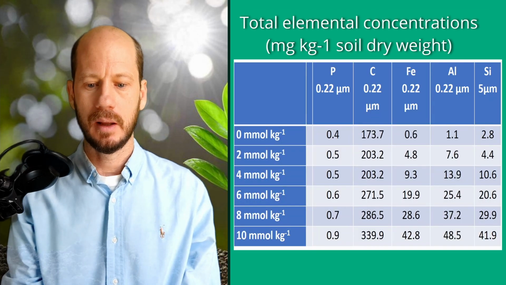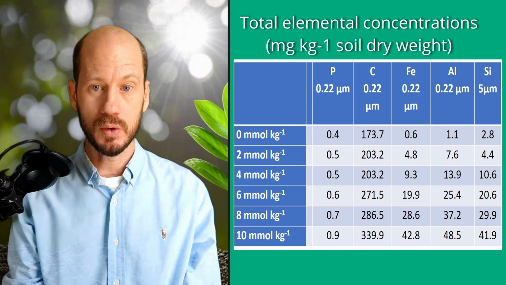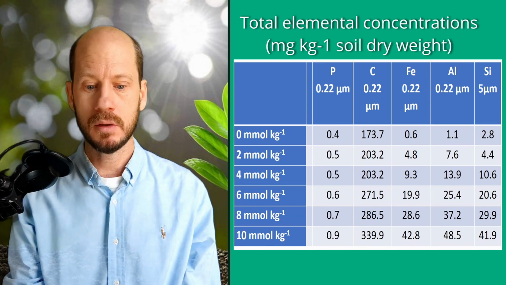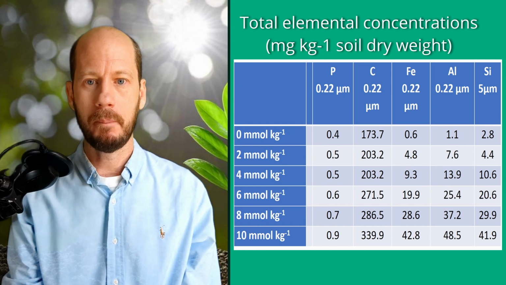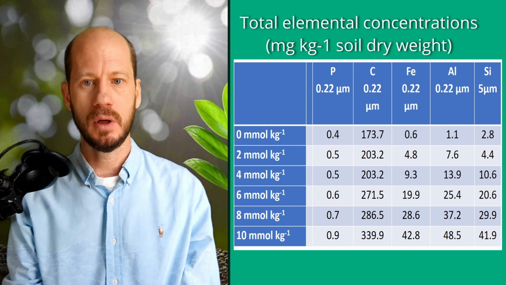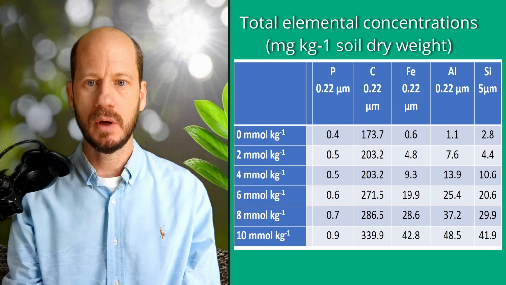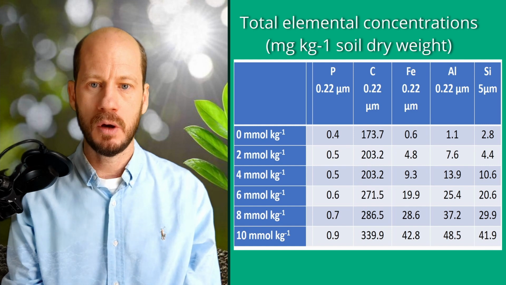We also measured the total concentration by using the same methods, and we can compare the pattern of the total concentration to the concentration in the colloidal fraction, and then we can see how much of it was soluble.